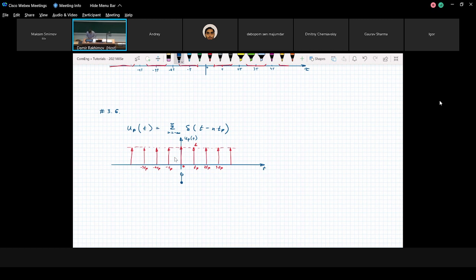You can determine this sequence in the frequency domain. Specify.